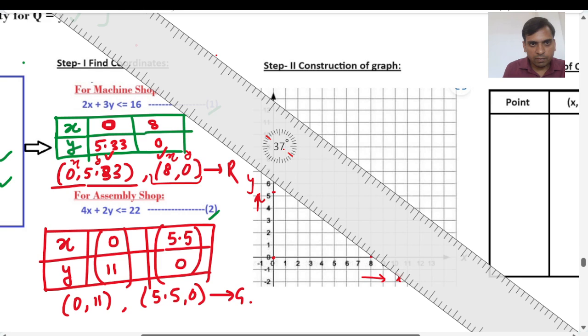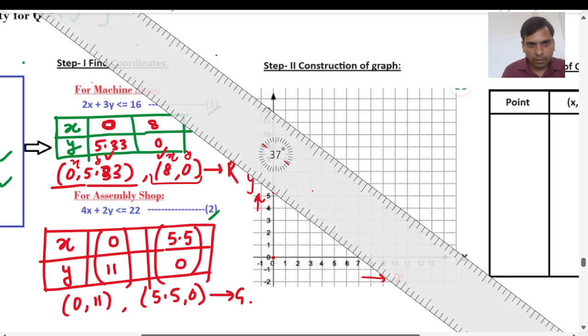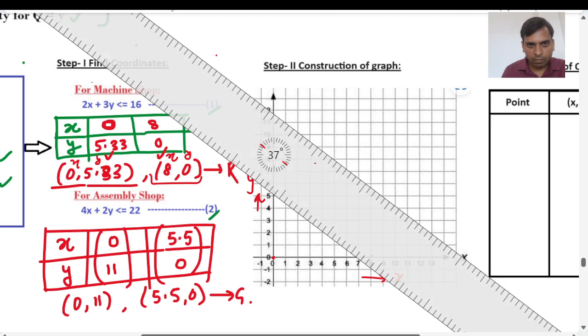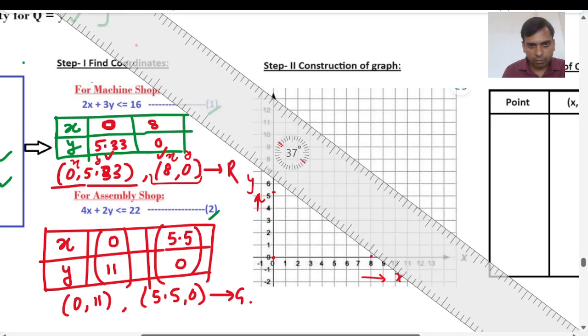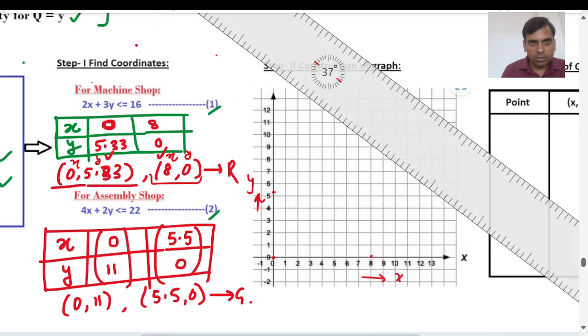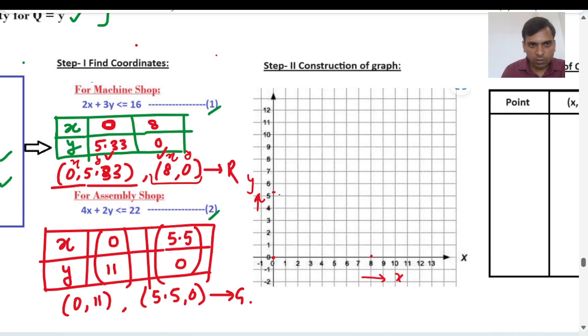Simply we can match without the scale also. This is the first line.